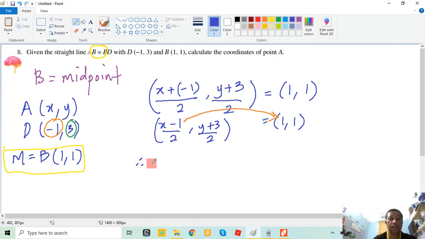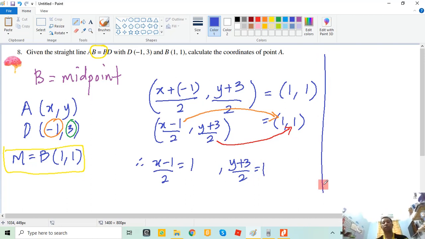Therefore, x minus 1 over 2 equals 1, comma, and then y plus 3 over 2 equals this point, 1. So we write y plus 3 over 2 also equals 1.